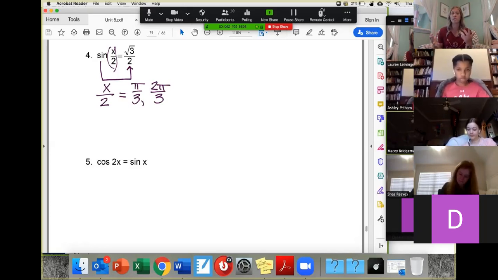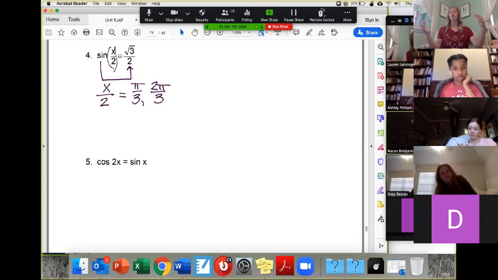If you want to do a second rotation, you can. But what I'm going to tell you is that by multiplying by 2, it's expanding your answers rather than cutting them down. So what may happen on some of these is that you may get answers that, when you multiply by 2, it kicks them out of the 2 pi range. It doesn't happen on this particular one, but I'm going to show you in a second one that does.